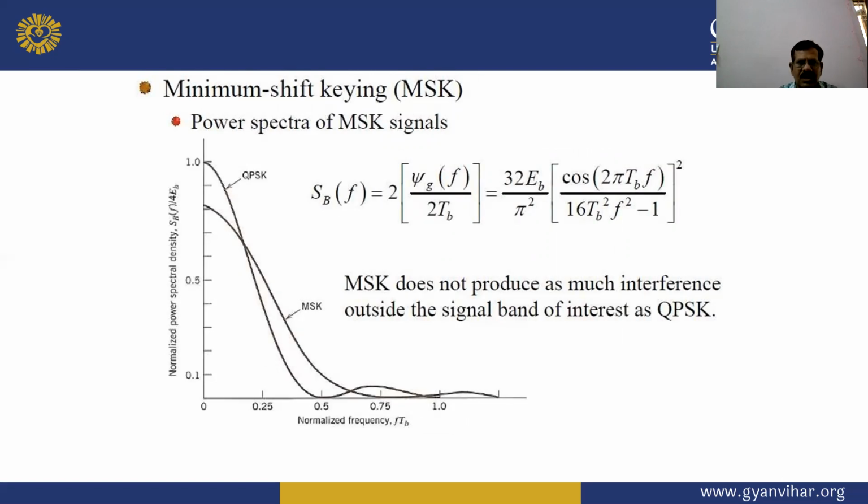So S(f) of the signal equals 32 Eb upon pi squared, times cos 2 pi T f upon 1 minus 16 T squared f squared, whole squared. So this is the power spectral density representation of MSK signals.